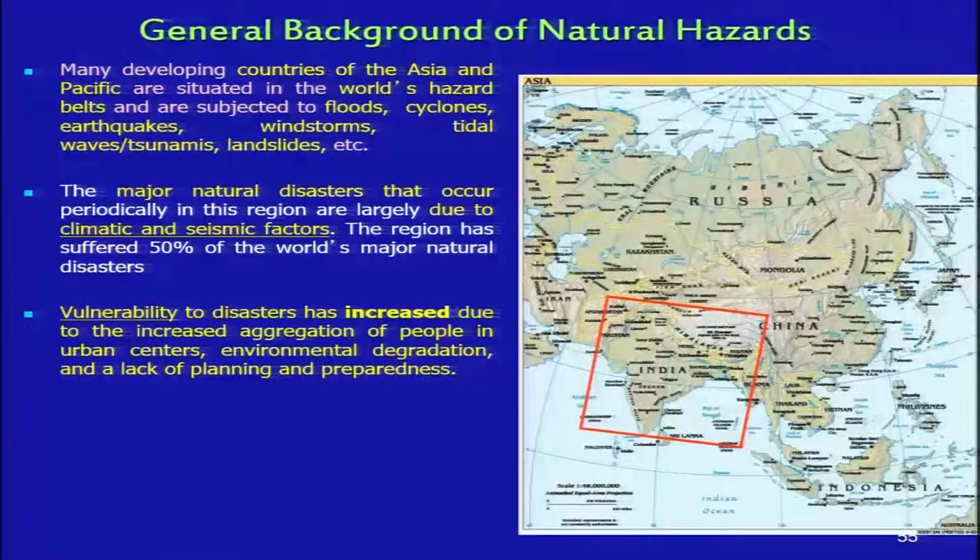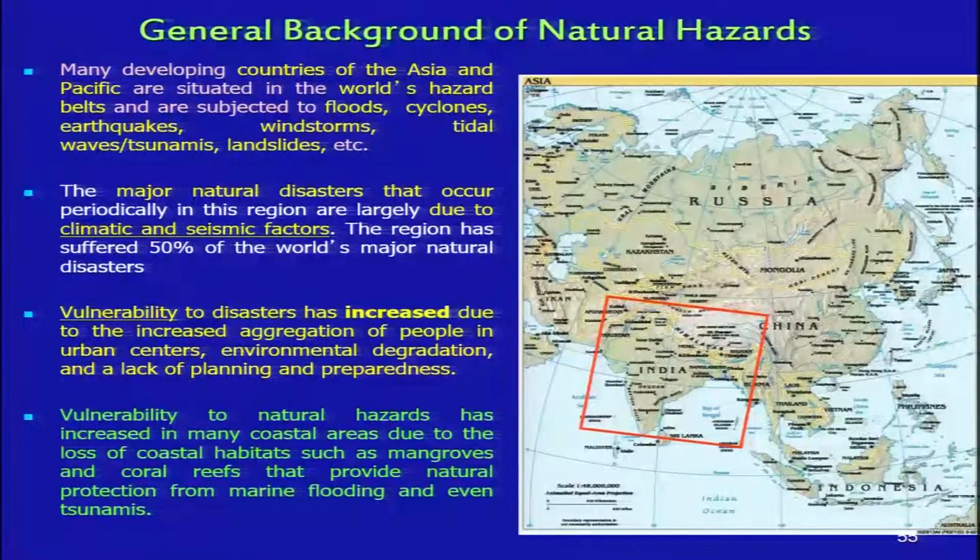They have considered hazard assessment and vulnerability, and they have come up with a multi-hazard atlas. So this is another important part we need to take into consideration, whether we have done proper planning or not, and whether we are prepared to face such disasters.